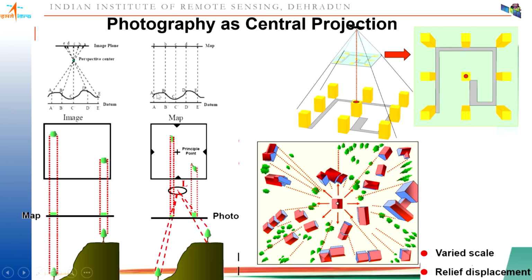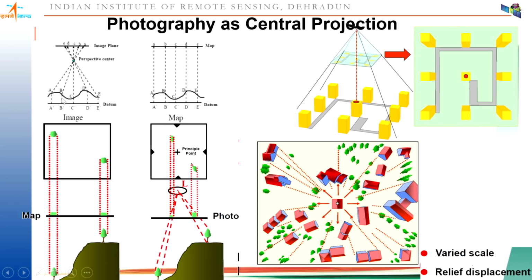Here you can see A, B, C, D, E. All these rays are at 90 degrees. So capital A is projected as small a, capital B is projected as small b, and so on. This is what we call orthogonal projection.